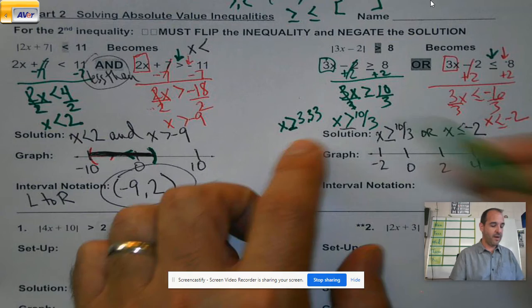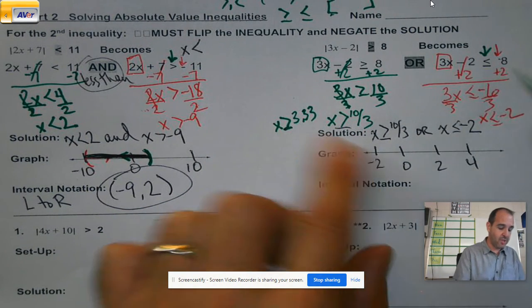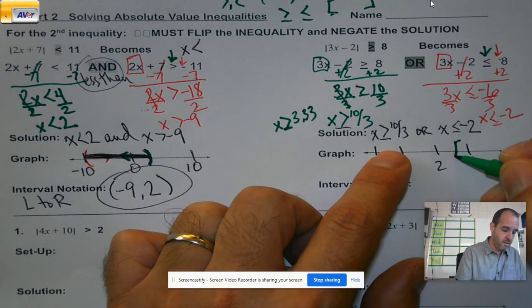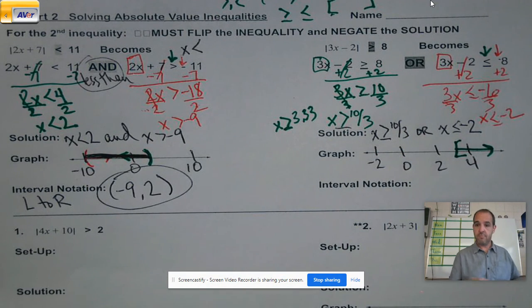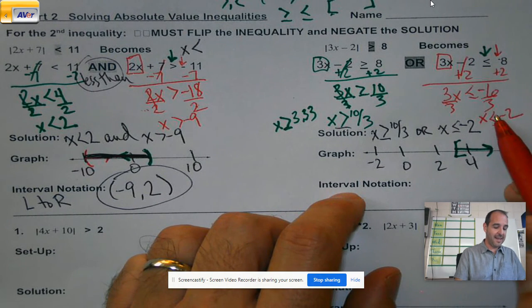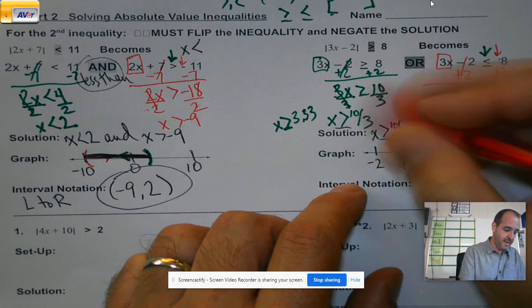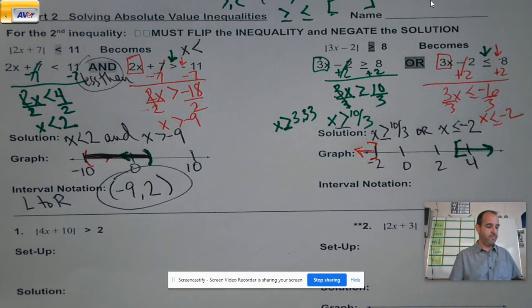X is greater than or equal to 3.33. So greater than, greater, numbers get bigger on a number line as I go to the right. So that's what we're going to have there. And then x is less than or equal to -2. Less than goes left.